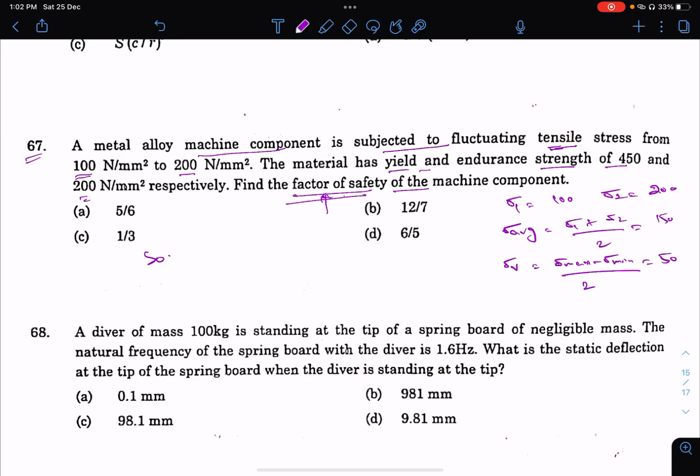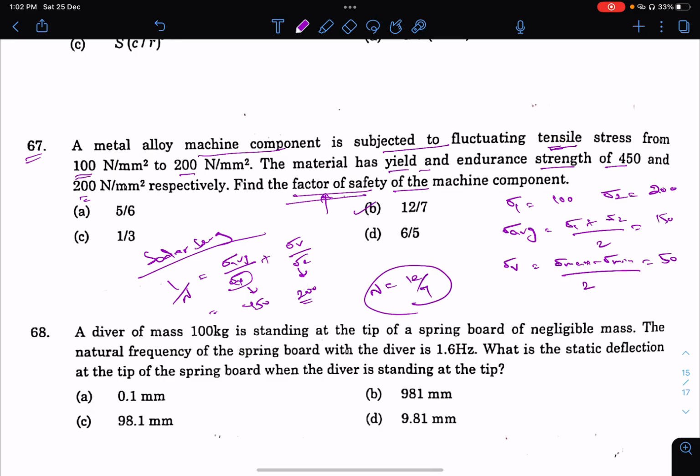So the Soderberg equation says that 1 upon n is equal to sigma average, or sigma mean, divided by sigma yield plus sigma variable upon sigma endurance limit. Sigma yield is given 450 and this is given 200. So if you find out, n will come out to be 12/7.